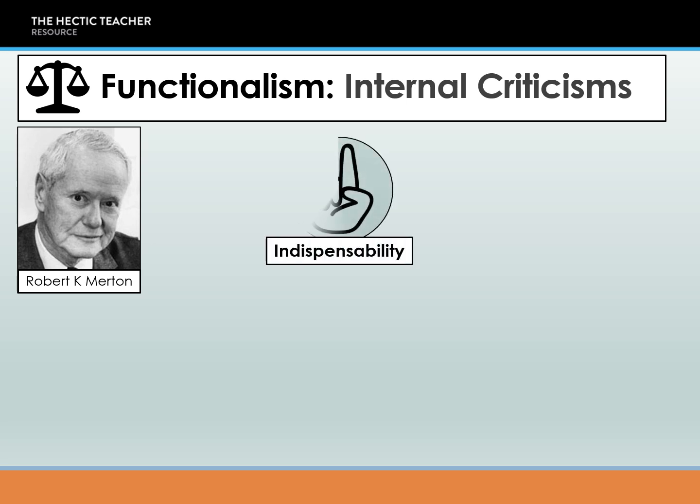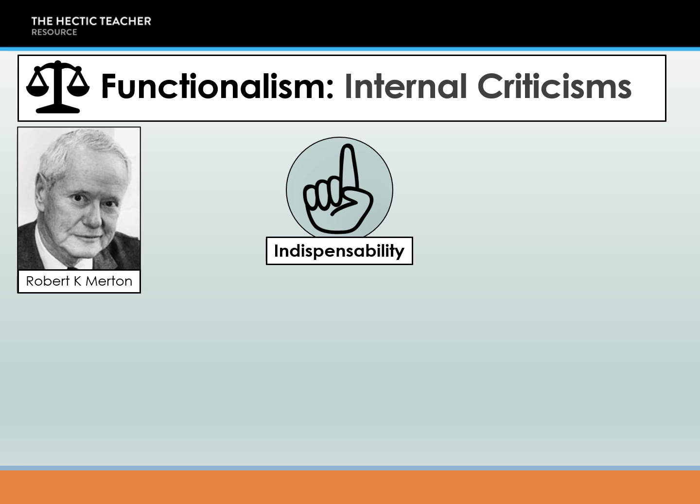The first being the idea of indispensability. Parsons puts forward the idea that all social institutions are indispensable, and that without them society will crumble. Now Merton says that's not actually true.